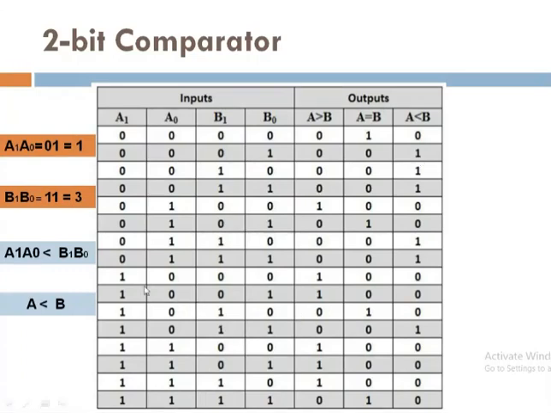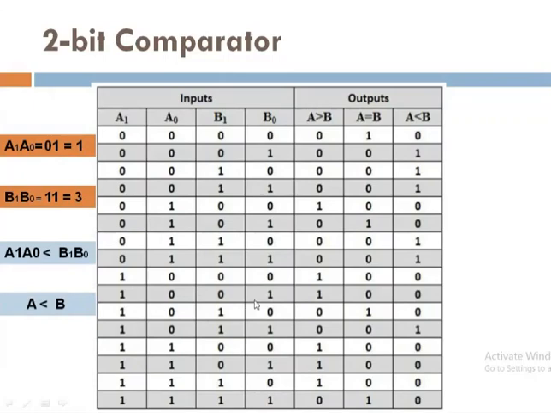Now suppose I am considering these combinations. 1, 0 is nothing but 2, so the decimal value is 2, and here B1 and B0 is 0, 0, so it's 0. So 2 is greater than 0, so we can say that A is greater than B. Now for this case 1, 0, 0, 1, again it's a 2 and this is a 1.